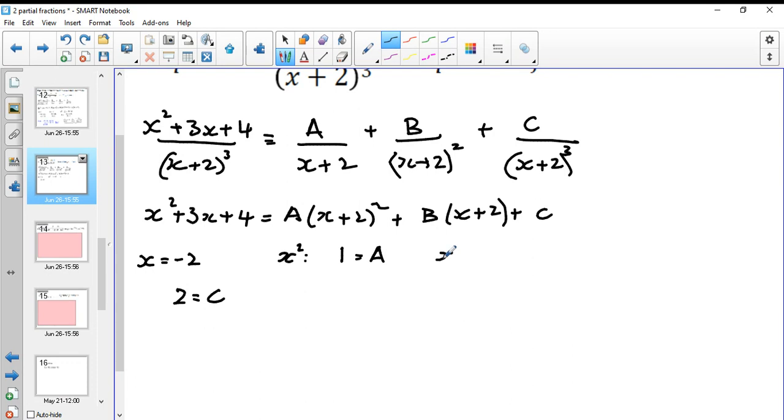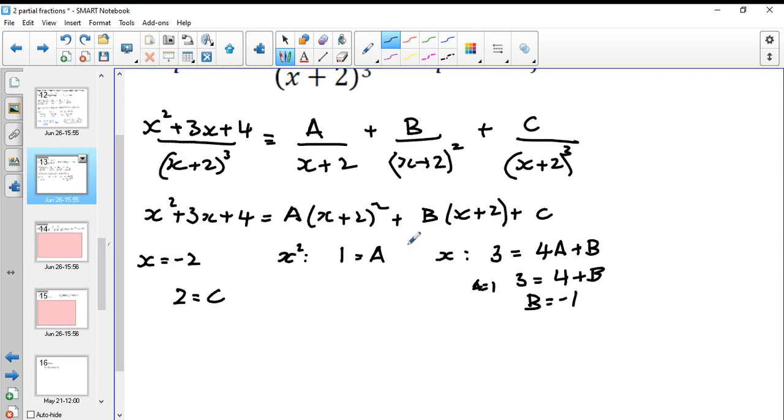Then if I equate the x's, the coefficient of x here is 3. If I expand this out, I will get x squared plus 4x, so the coefficient of x is 4 times a. And then the coefficient of x here is b. But I know a is 1, which means b must be minus 1.